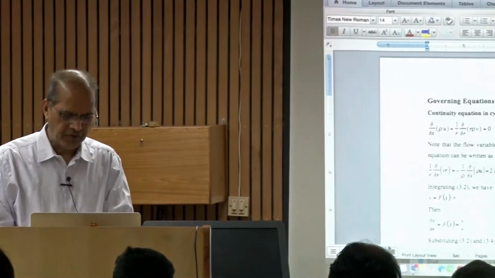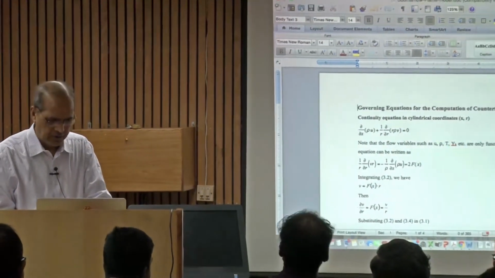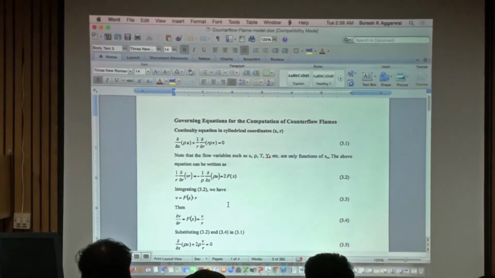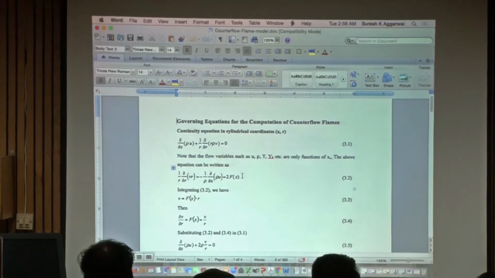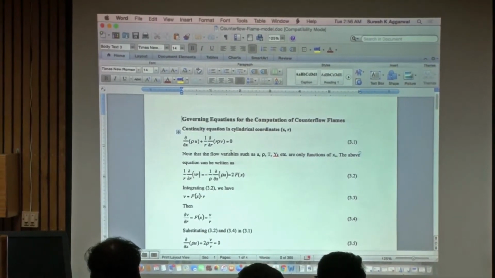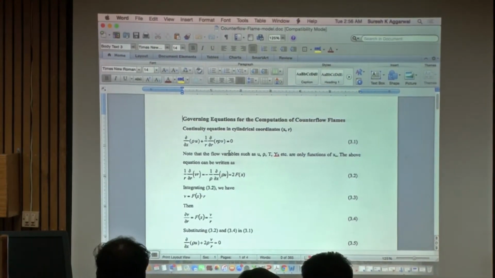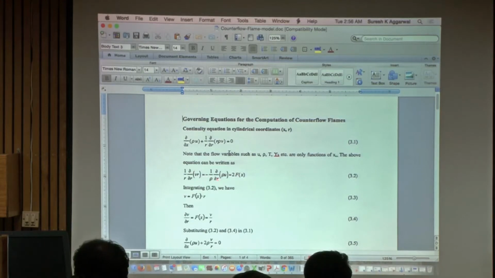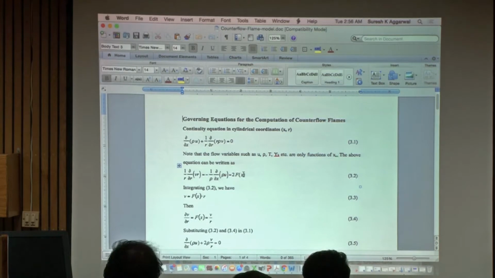So in the advanced combustion course, I give this as an exercise that they have to derive the equations for the counterflow flame. So you start with your, so everybody can see these equations, right? Okay. So this is your continuity equation. And then using some transformation and manipulation, you can change it to one-dimensional form.